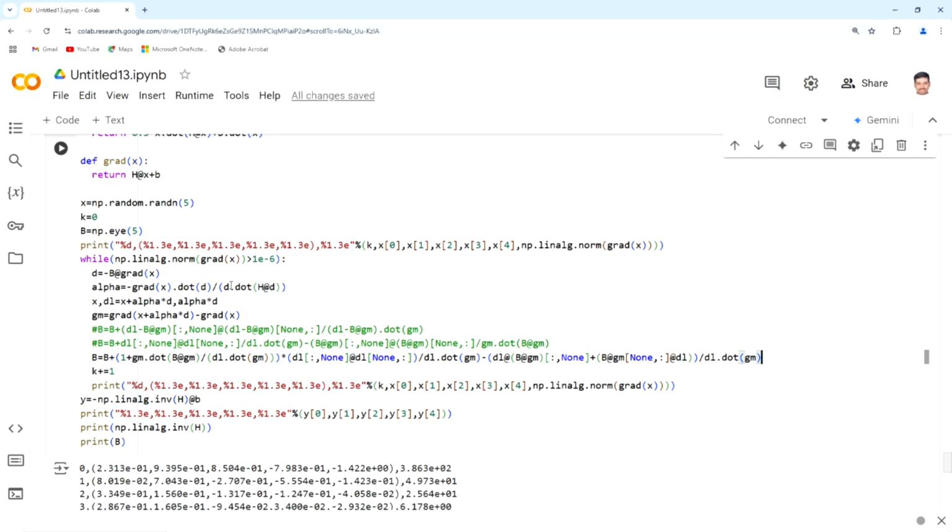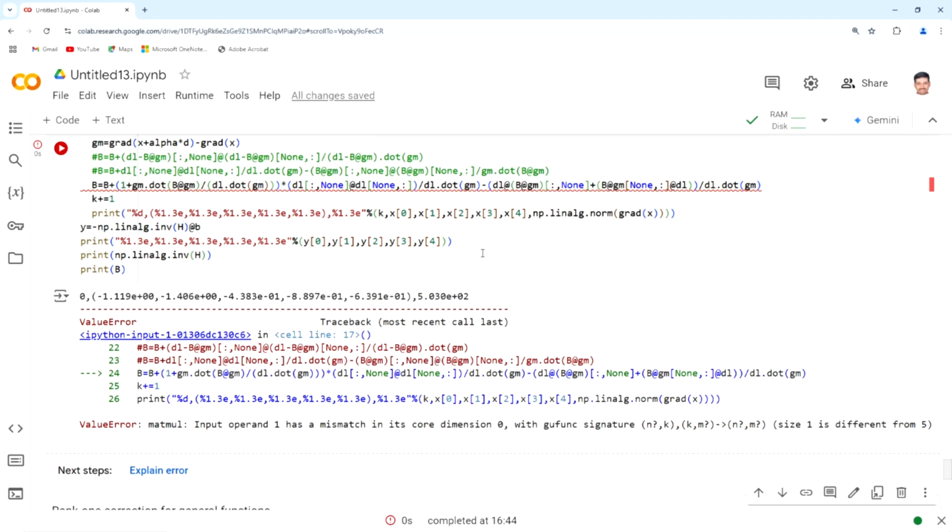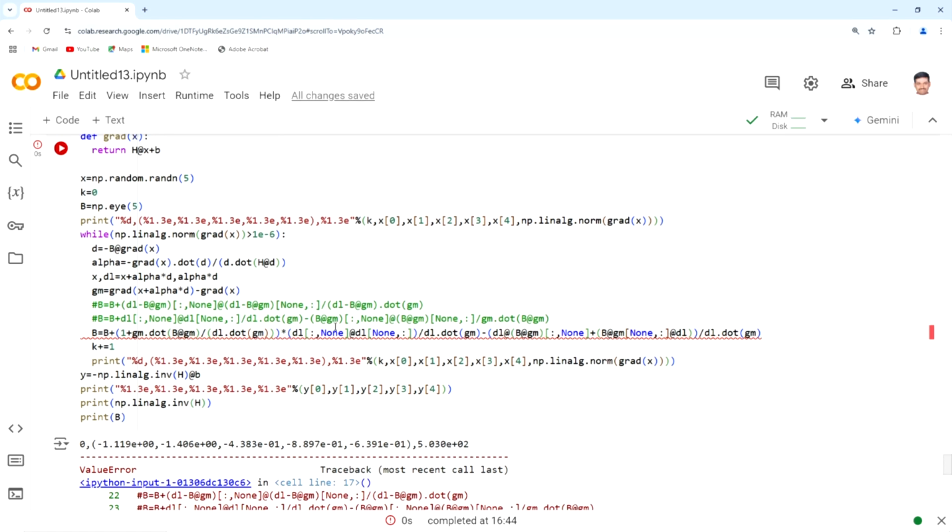Everything else is the same, so let us just run the code. There is a difference of size, as they claim.